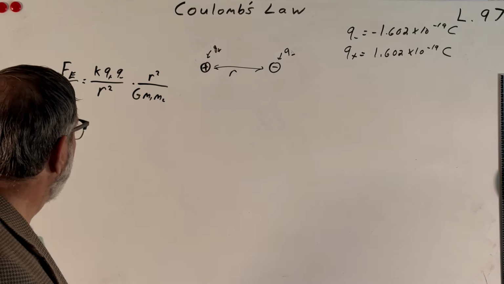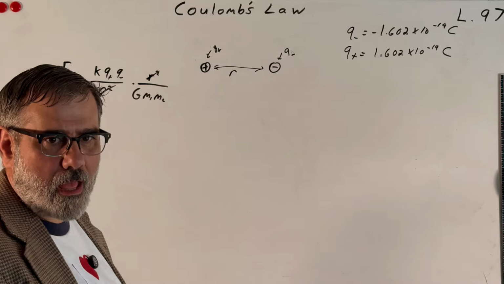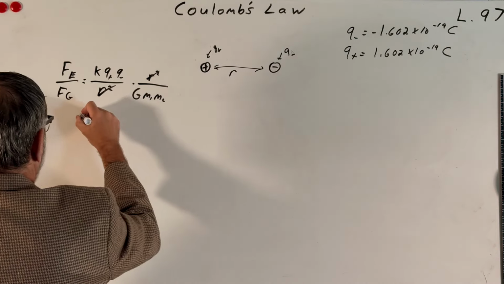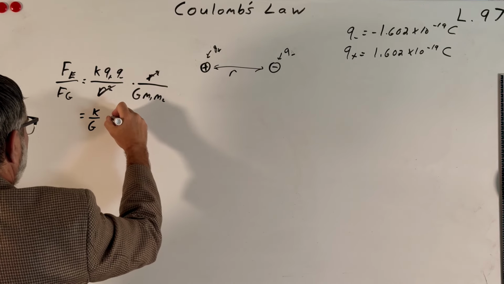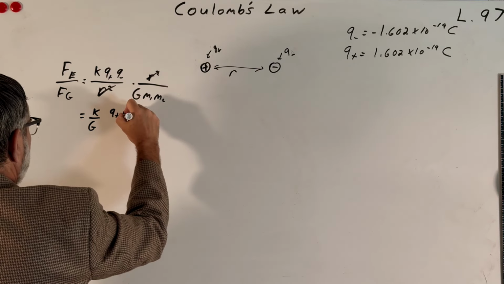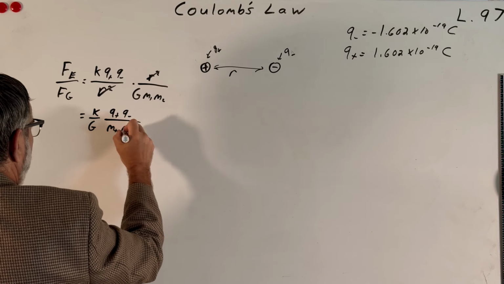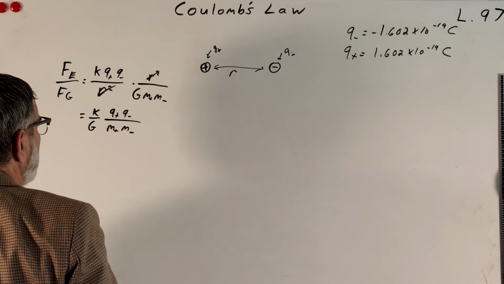You see that the R squareds cancel. It's the same dependence on separation distance. What I end up getting is something proportional to K over big G and Q plus times Q minus divided by M plus times M minus. That's probably a better way to write that.